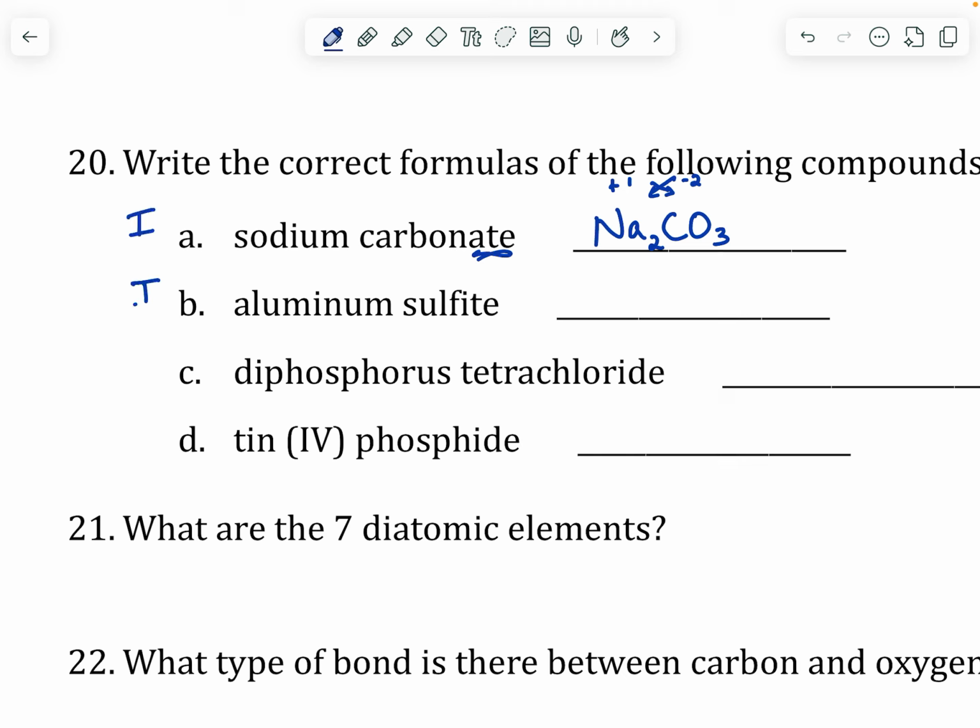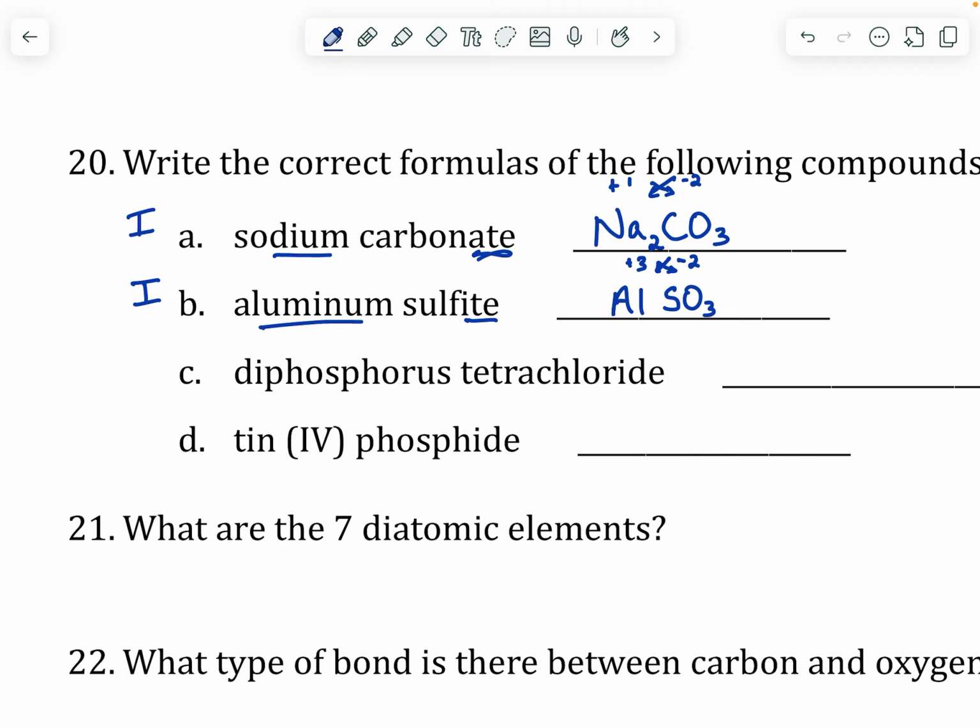This is another ionic because of that metal that I start with, aluminum, and sulfite, just like the -ites are on the back. Aluminum is a +3 ion charge, and sulfite is actually an SO3 polyatomic group with a -2 charge.